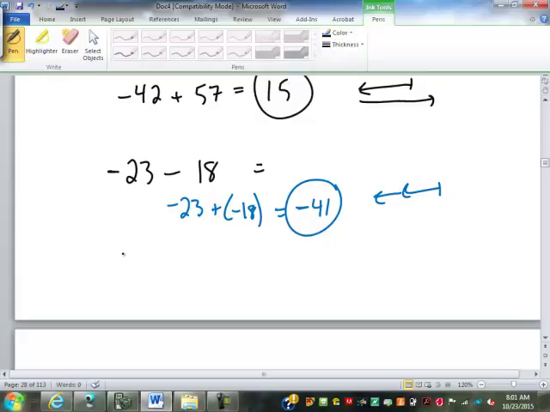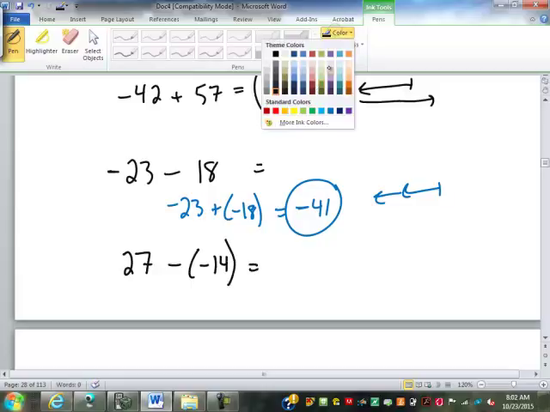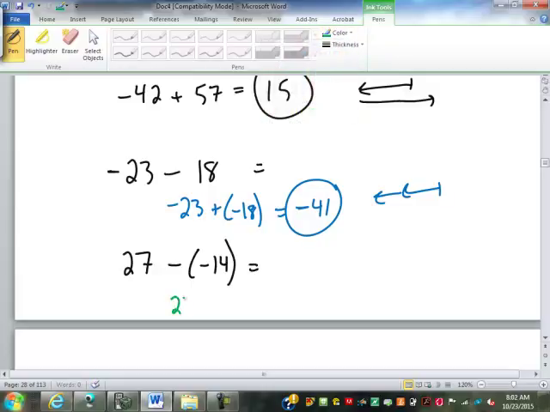How about this one? What's that going to become? Well, 27 minus a negative 14. Minus a negative means you add the opposite. You're going to add a positive 14. So 27 plus 14 is 41.